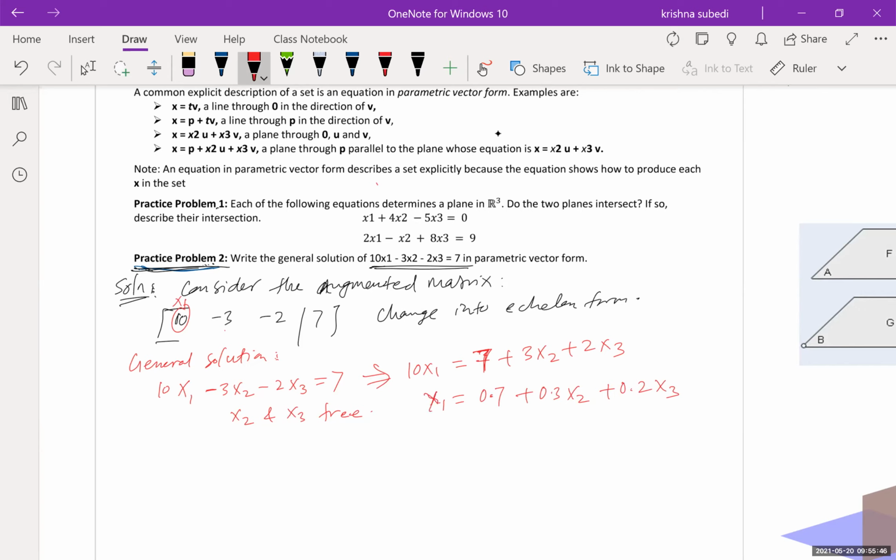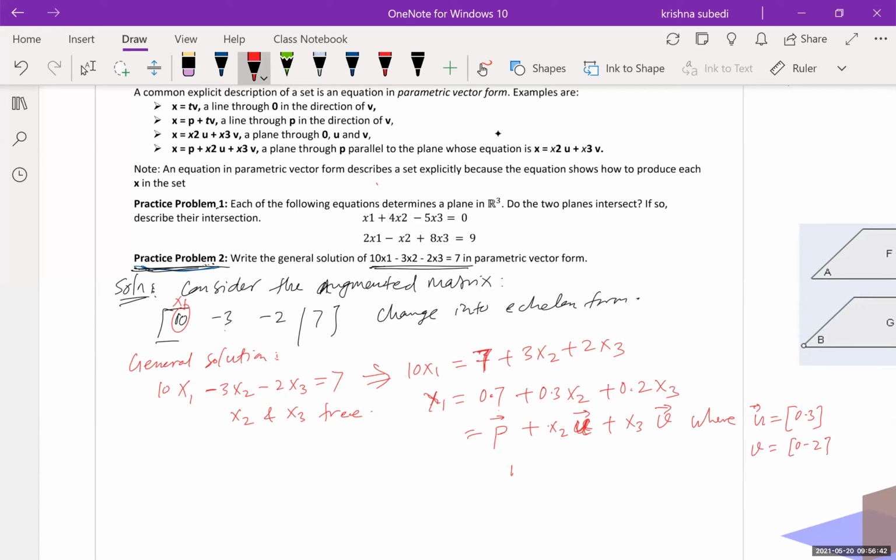That is our general solution. Now the form here is that this is a constant. I can write this as P, and this one is x2 times a vector, let's say U, plus x3 times a vector V. Let us represent that way, where U is the vector with 0.3 and V is the vector with 0.2.